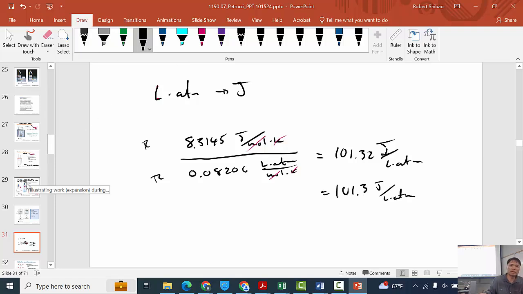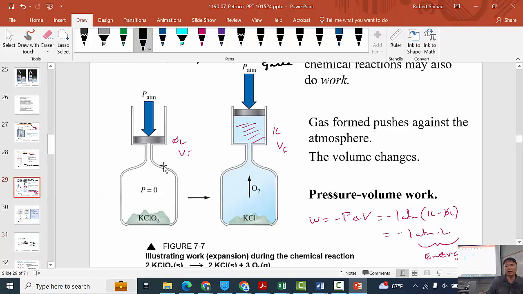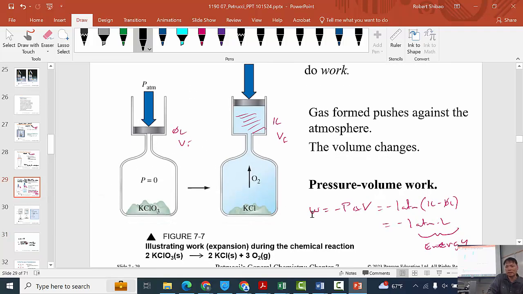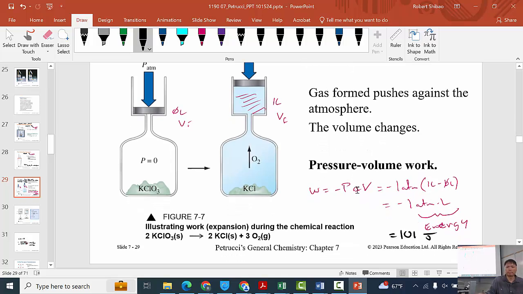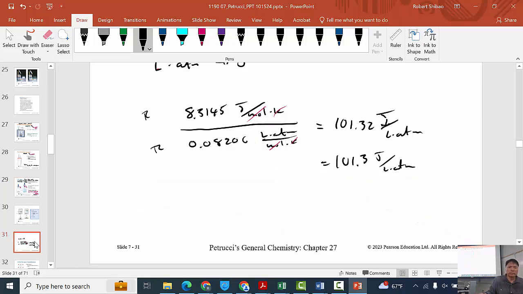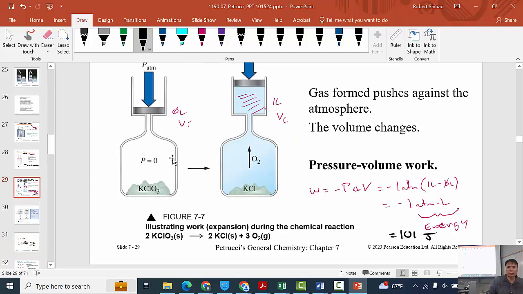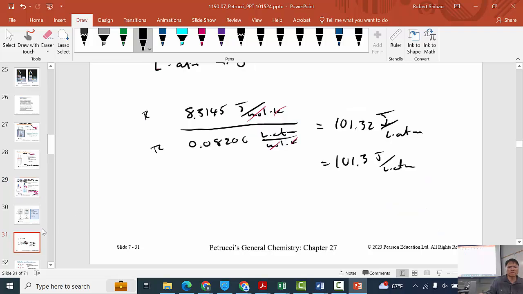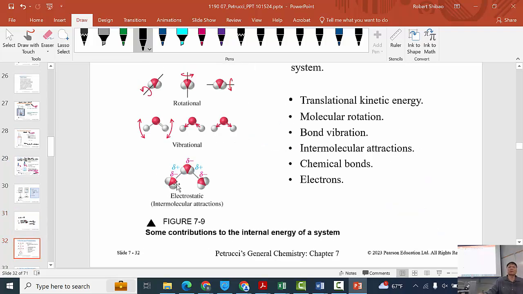So if we blew up a 1 liter balloon against the pressure of 1 atmosphere, how many joules did that take? Well, that took 101 joules worth of energy. So we can calculate the amount of work that's done by just knowing the pressure. The pressure has to be constant, so we're expanding a gas under constant pressure, and the temperature doesn't change either. So constant temperature and constant pressure.